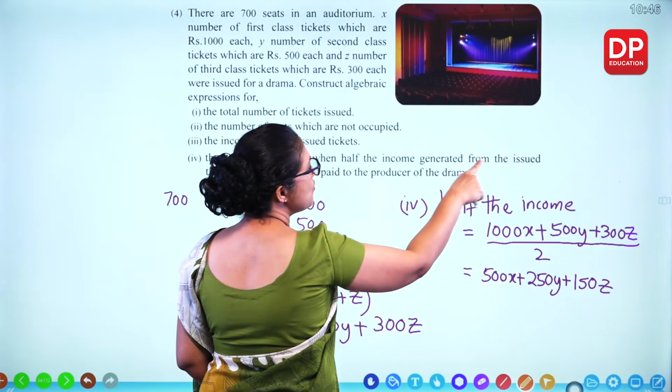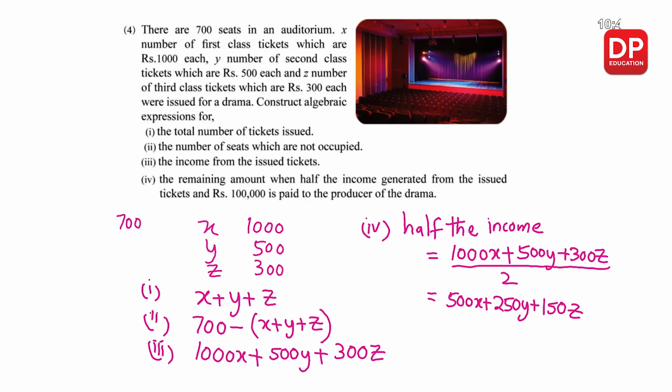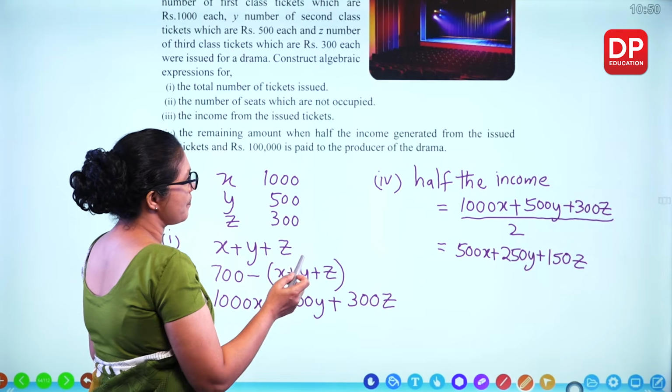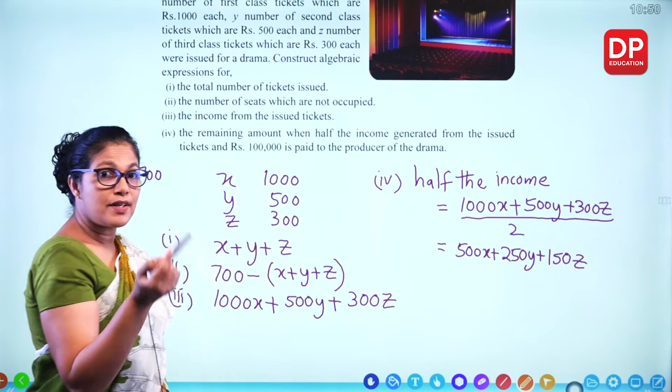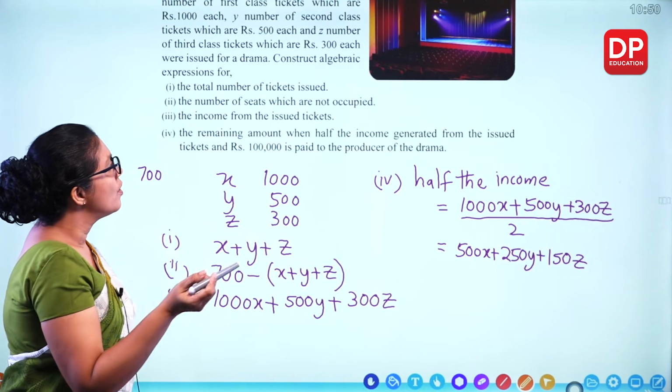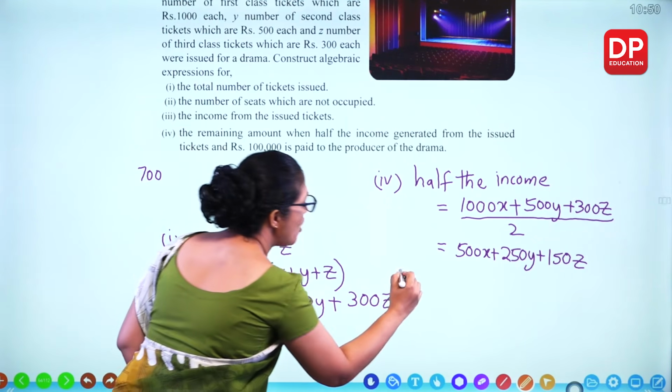Half of the income generated from the issued tickets and 100,000 is paid to the producer of the drama. So the half the amount is this much. 100,000 rupees also he needs to pay to the producer. So what's the remaining amount?